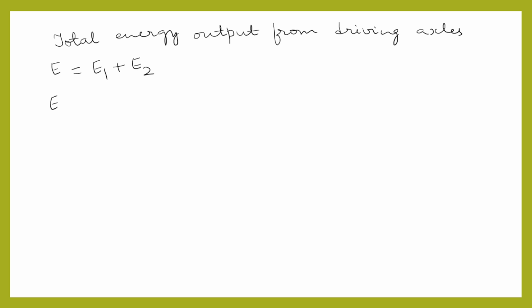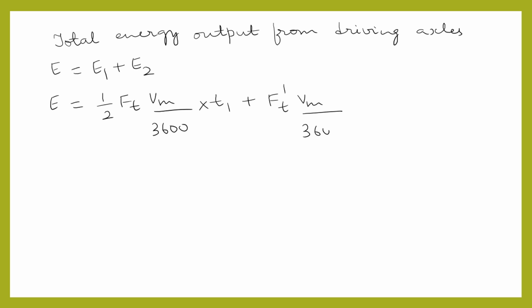So E is equal to half Ft Vm by 3600 into T1 plus Ft dash Vm by 3600 into T2.